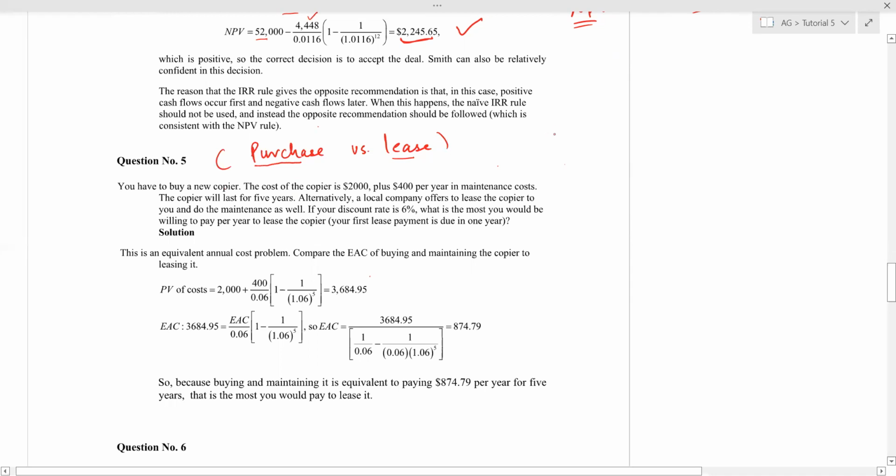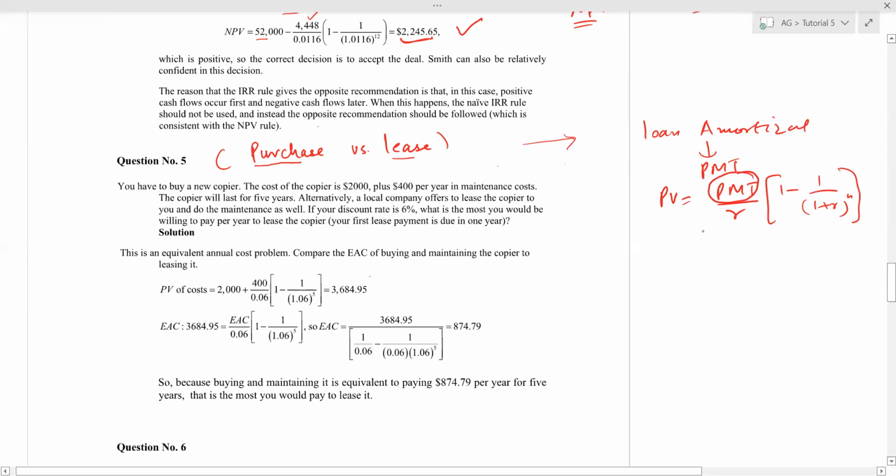And for this concept, you will apply the same formula. You remember that in the loan amortization, you knew how to calculate C, or payment, right? How did you do that? You applied the annuity formula for the loan amortization, adjusted to calculate the PMT.